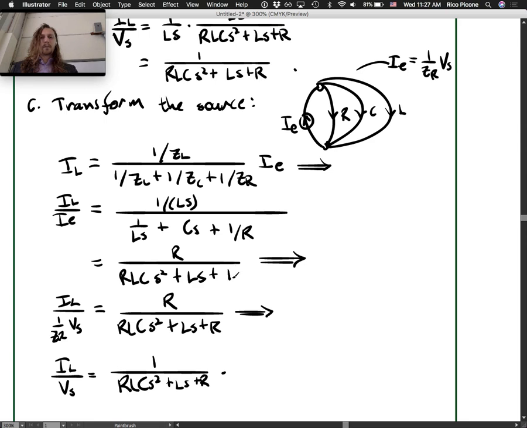Isn't that the 1 over LS became your R? Oh yeah, you're right. So the 1 over R turned into LS. They switched places. Yeah, exactly. So the R got canceled. Thank you. They just flip-flopped back and forth, and I switched the order of them, and I did like 3 algebra steps.